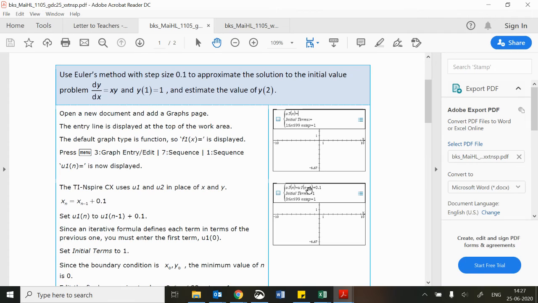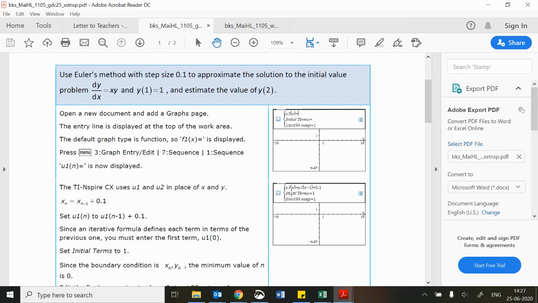You need to put in here the nth term is the previous term plus 0.1. Okay, and u1 is the formula. It's the way in which we call the function x. Because you can't put in x here, it will only give you choices of u1, u2, u3.